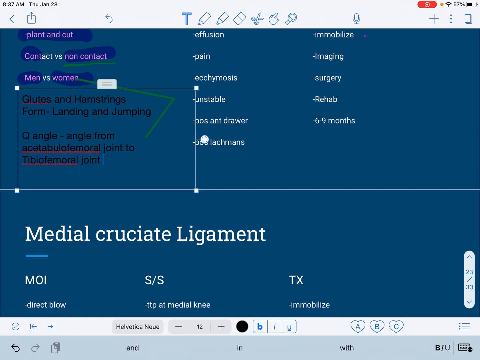The Q angle is the angle from the acetabulofemoral joint to the tibiofemoral joint. So it's the angle from the hip joint to the knee joint.